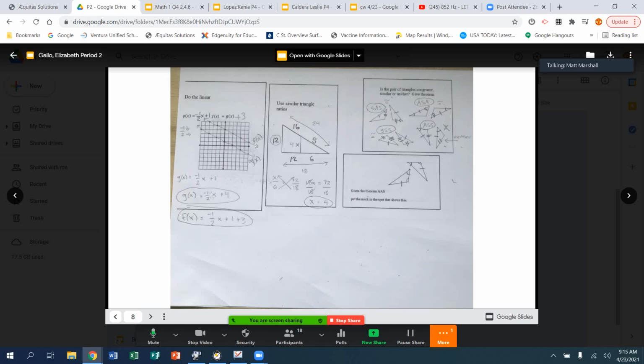Can you tell me what you did for the first one? Good job. And then let me just ask you this, that +3, do you know what that 3 number represents for this problem, Elizabeth?